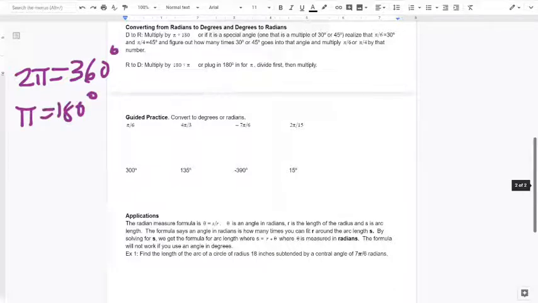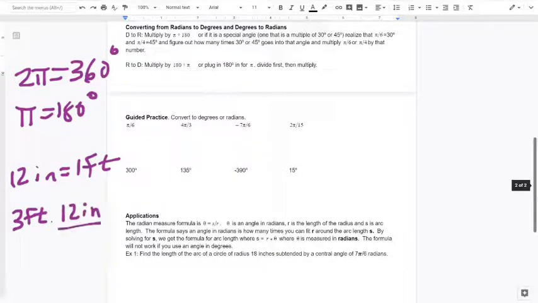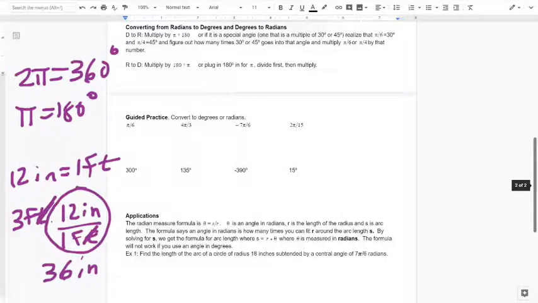Just like 12 inches is equal to 1 foot, if I wanted to convert 3 feet to inches, I can multiply it by 12 inches for every 1 foot that I divide out, and I would get 36 inches. Because 12 inches over 1 foot is a form of 1, I'm going to use the same idea to convert from radians to degrees.